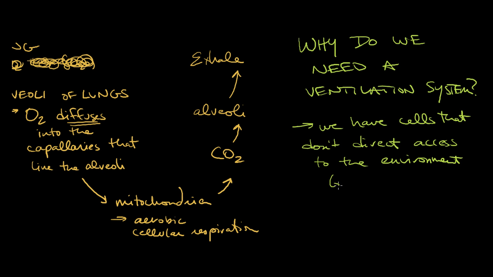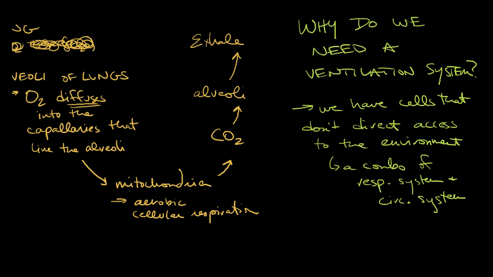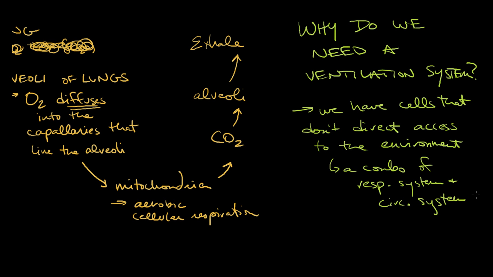So we have to have a combo of the respiratory system and the circulatory system to maintain the right level of these gases of oxygen and carbon dioxide for our system.